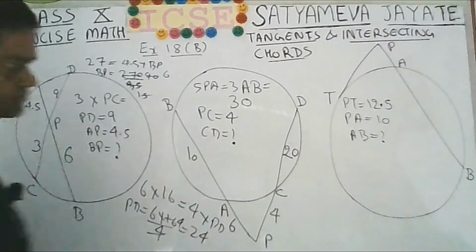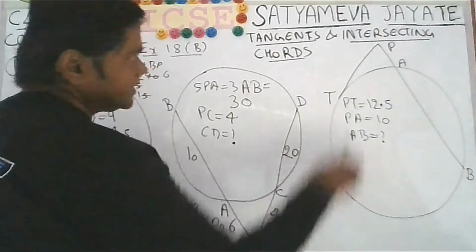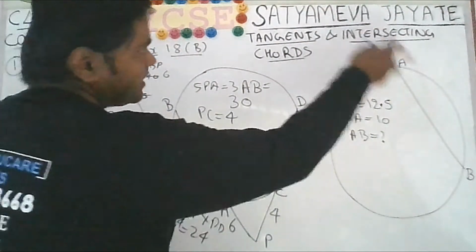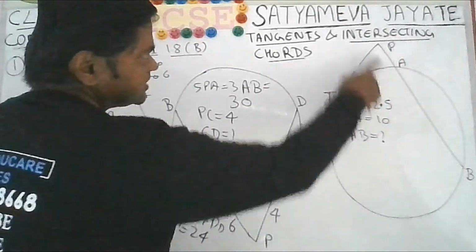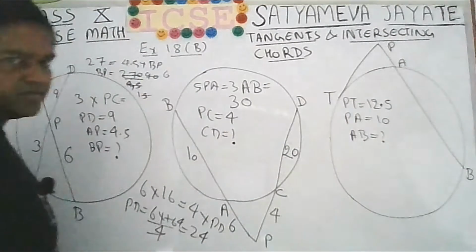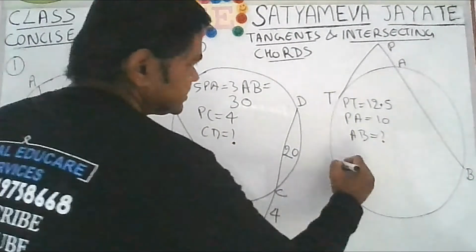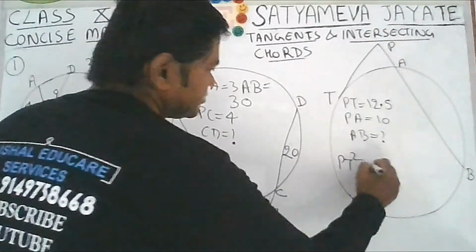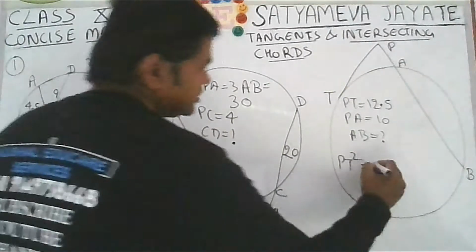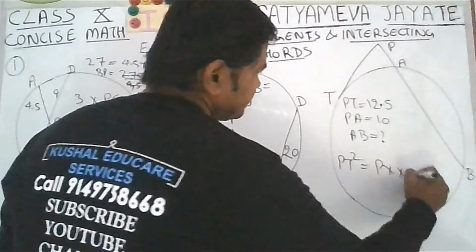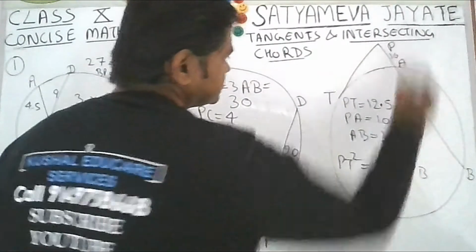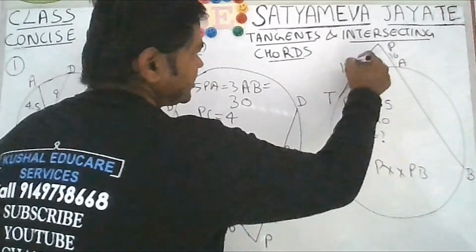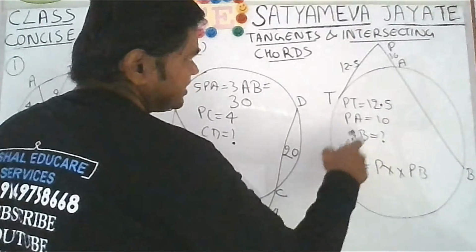Okay. And in this problem you can see that you are having a tangent PT and a chord AB, and tangent and chord are intersecting each other externally at a point P. So as we have discussed just now, the theorem: PT square will be equal to PA into PB. Now PA is given 10. PT is given 12.5. So we have to find this AB.